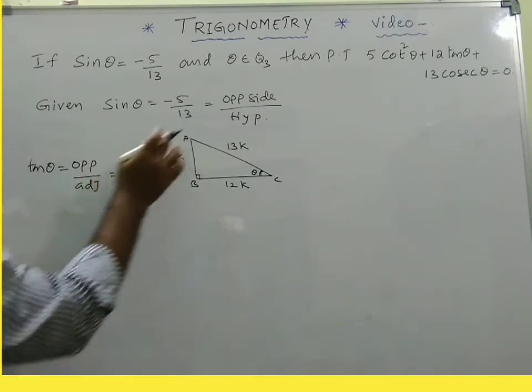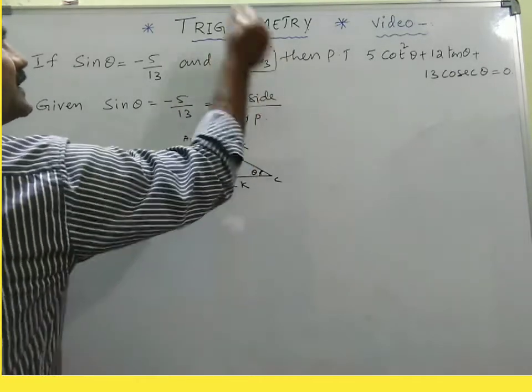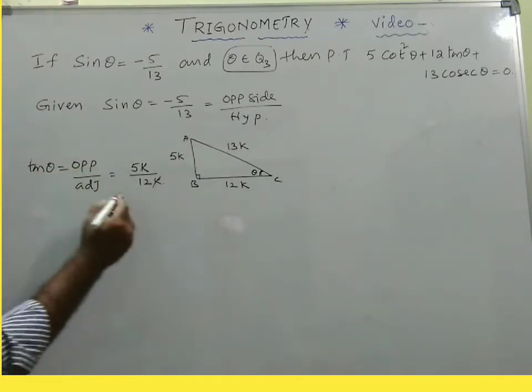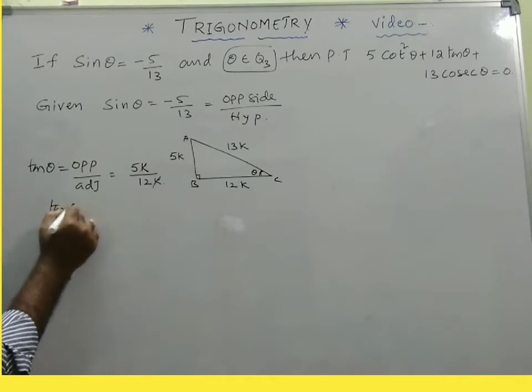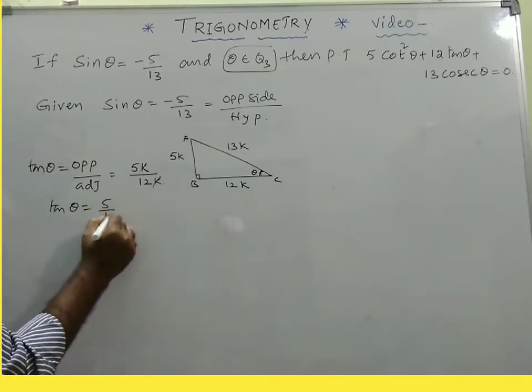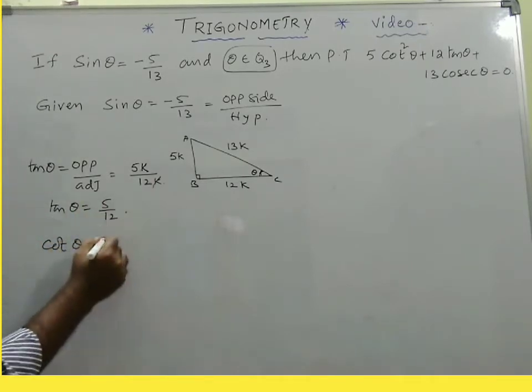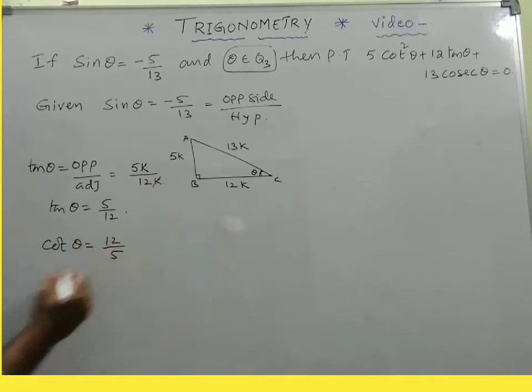And this is very important: since theta belongs to the third quadrant, tan and cot are only positive. So I can take tan theta as 5 by 12, and cot theta is the reciprocal, that's why 12 by 5.